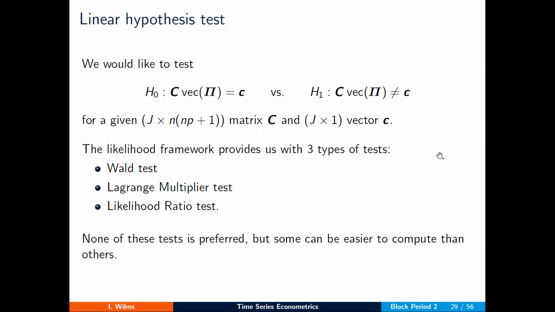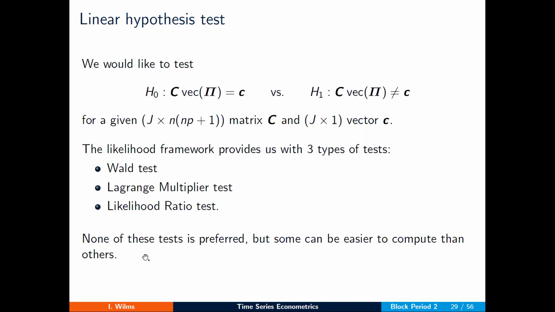Now, since we rely on maximum likelihood estimation, the likelihood framework allows us to make use of three types of tests: the Wald test, the LM test, or the likelihood ratio test. Now, all tests are asymptotically equivalent, so none is preferred from a theoretical point of view.